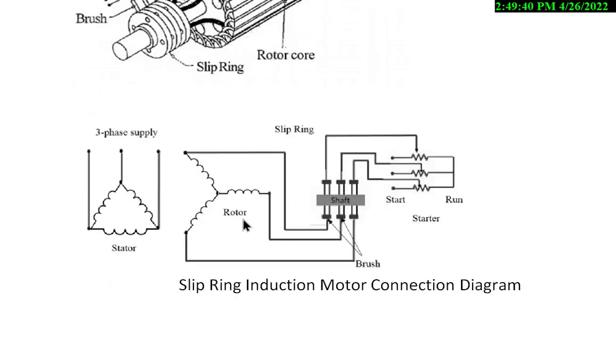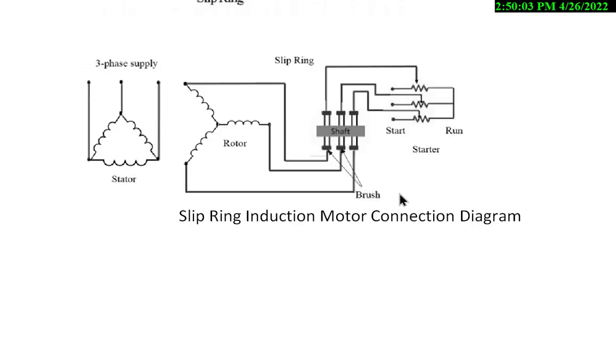For the slip ring induction type of motor, the rotor winding is in star connected form like this, and these terminals are connected to the slip rings like this, and this is the brush, and here these are the terminals. These terminals are going to be connected to the variable three-phase rheostat like this. Then this is called the slip ring induction motor.